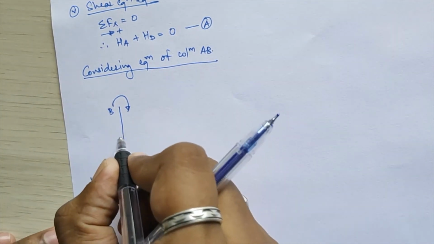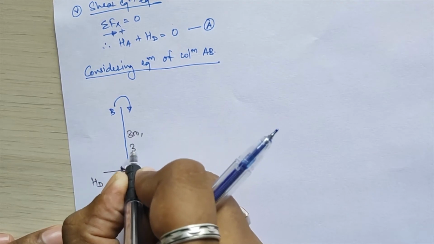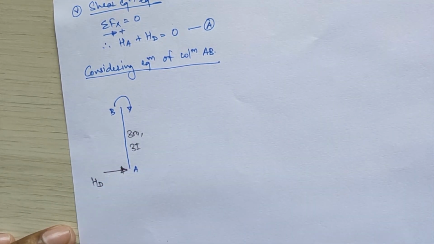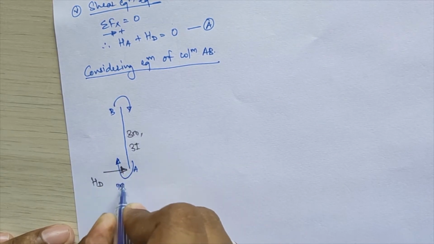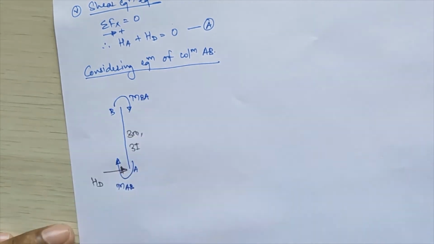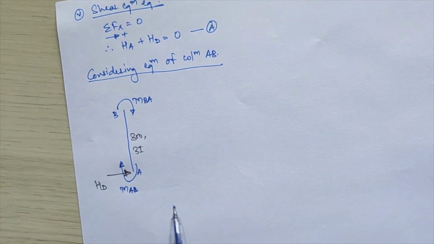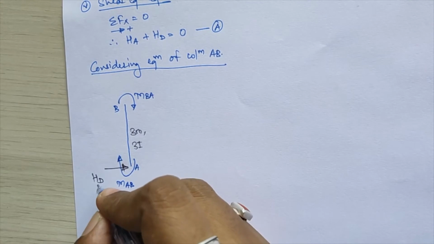The length of this column AB is 3 meter and I value is given as 3 times of I. Whatever moment is acting here will be your MAB. Here the final moment acting will be your MBA. Initially you have to consider these moments acting in clockwise direction only. So I have to calculate the value of this HD over here.